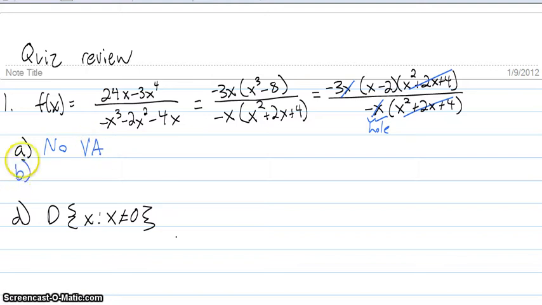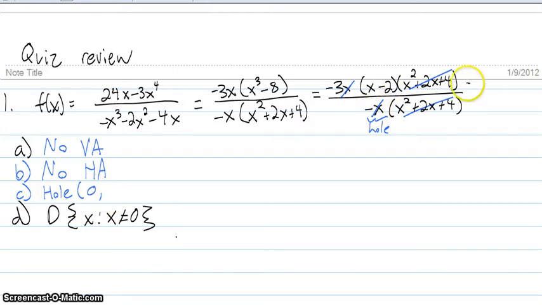For horizontal, the degree on top is higher than the degree on bottom. So if the degree on top is higher than the degree on bottom, then there is no horizontal asymptote. For C, we have to find the hole, and the hole is when x is 0. And we know that because that's what cancels out.